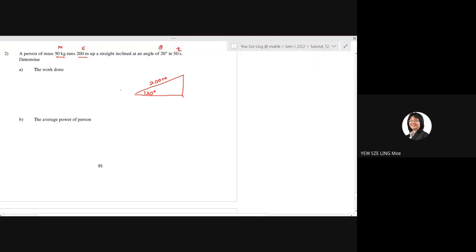So we know that h initial is equal to 0. From the triangle given, we can then calculate the h final, which equals 200 sine 20 degrees. We can get the final height. All right. So in this case, we can then calculate the work done.